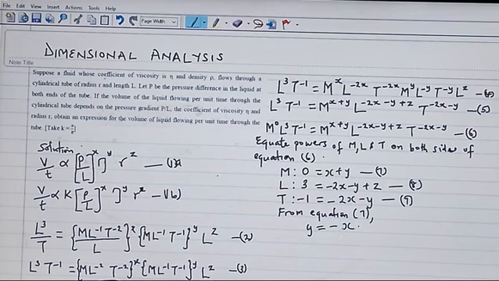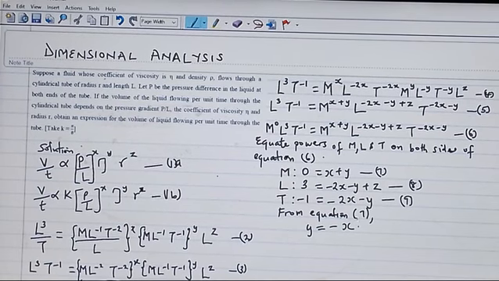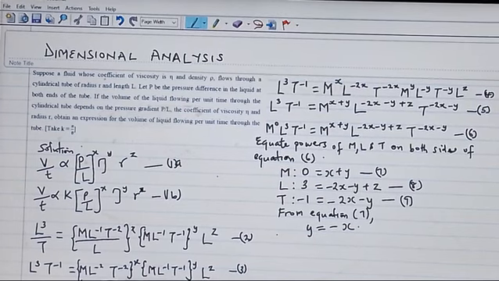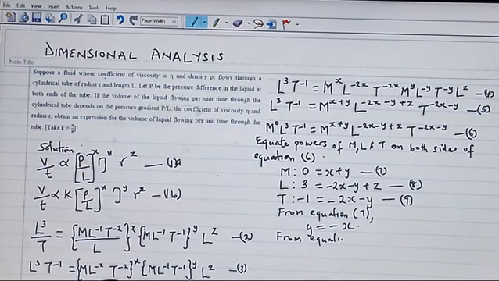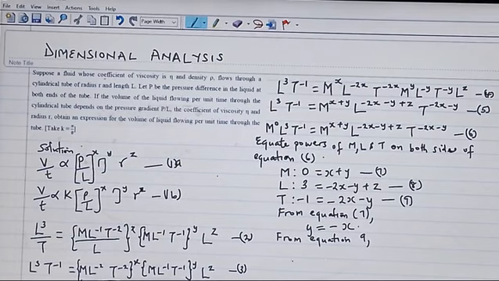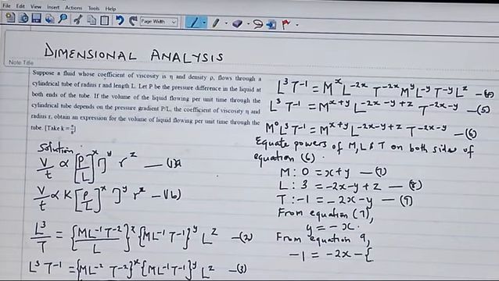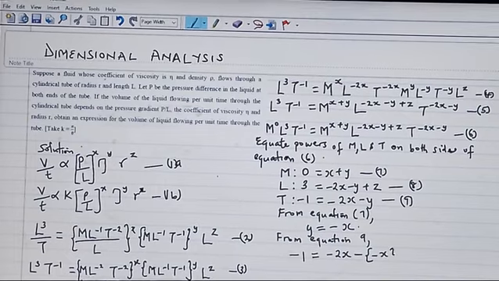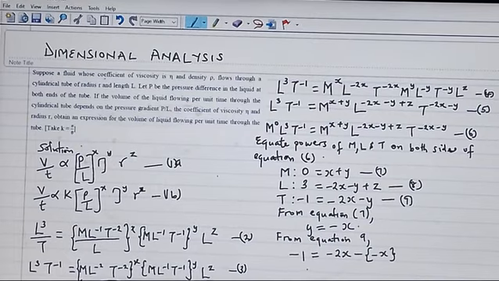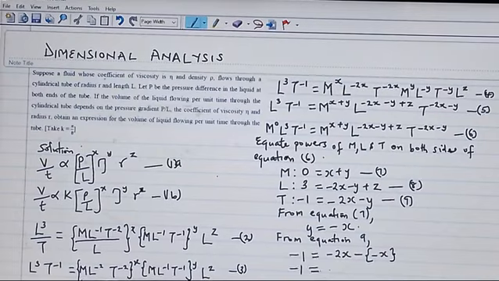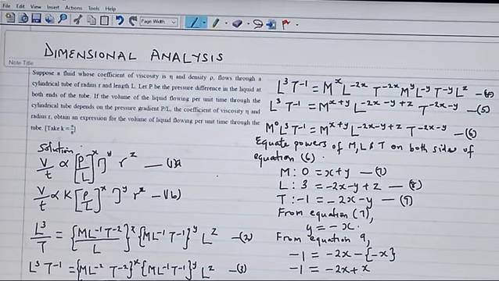So if y is equal to minus x, we can now substitute that into, let's say, equation 9. So from equation 9, we can say that minus 1 is equal to minus 2x minus, then anywhere you see y, substitute with minus x. So this expands to minus 1 is equal to minus 2x plus x.